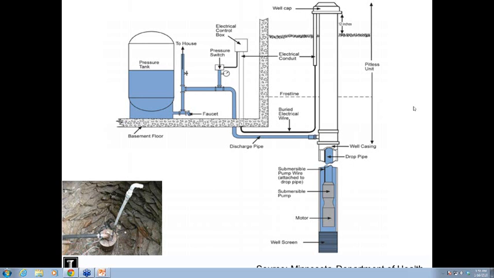I said 8 to 12 when I mentioned it because I think what we tell people is at least 8 inches above the ground. The idea is that you need to have it high enough so that if you had a rainfall event, 3 inches or 2 inches in an hour, that caused some local flooding in your yard, it didn't overtop your well. And so, higher is better, the bottom line.